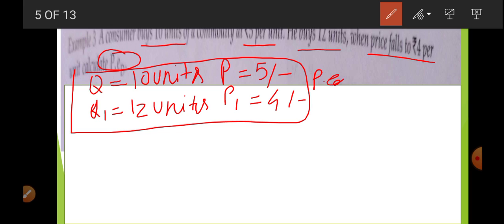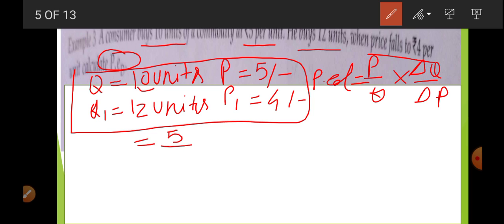Here the percentage is not given, so we will use this equation: P upon Q multiply del Q upon del P. Now we are going to write P, the price, is 5, Q is 10, multiply del Q, so we have to find del Q.